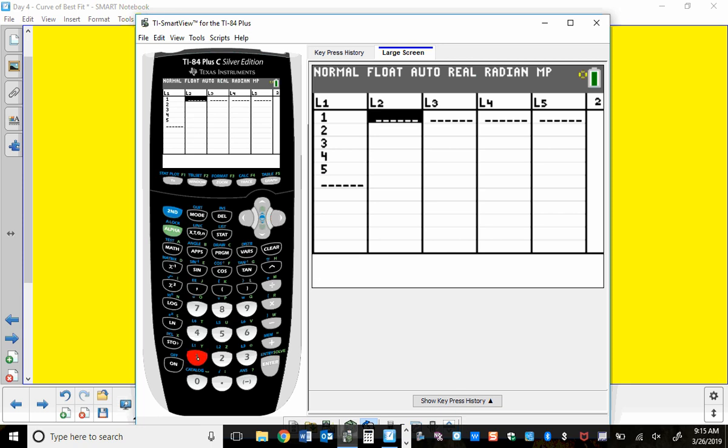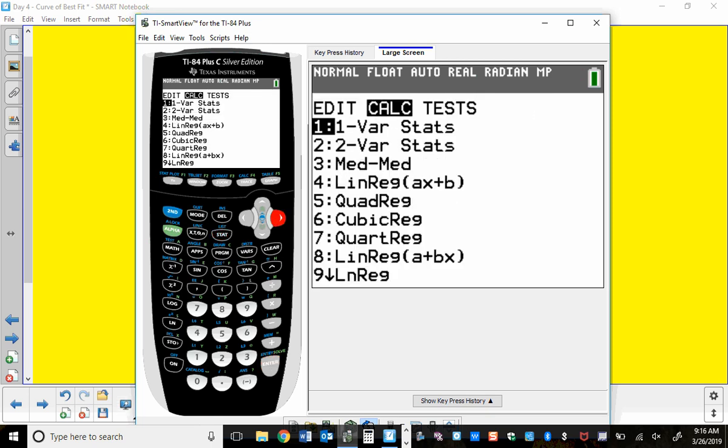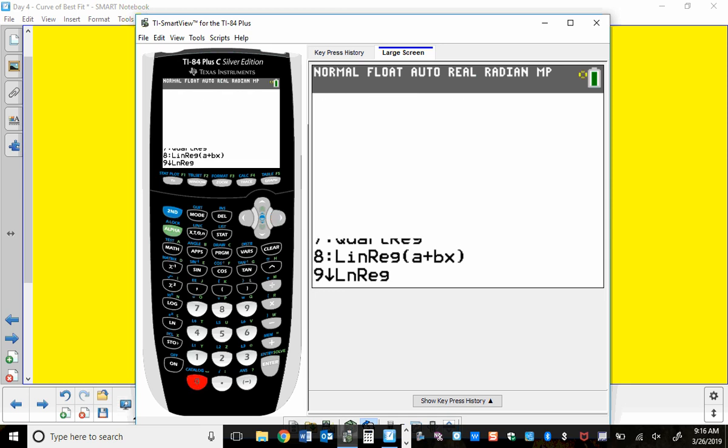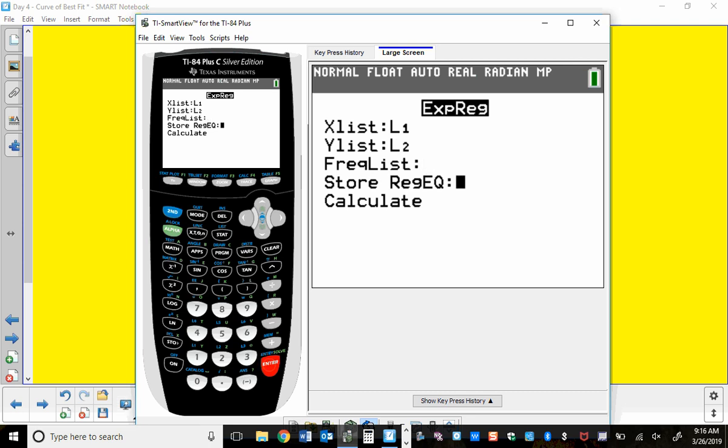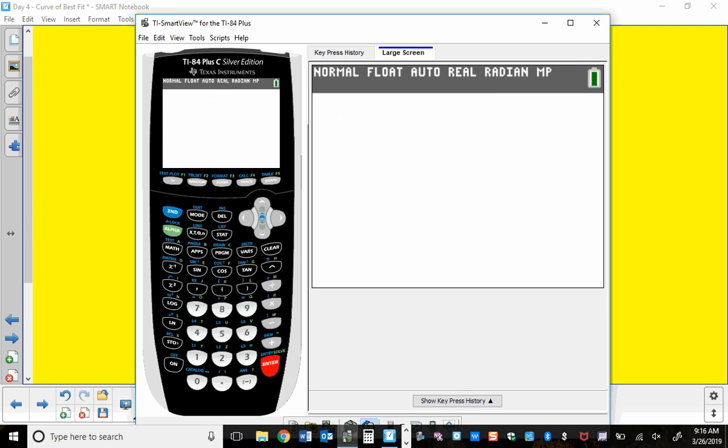And for L2, I have 15, 24, 24, 17, 41, 90, 54, 66, and 75, 01. Okay, make sure your numbers are right, double check them. All right, now let's calculate it. Let's go to stat, over to calc. They already told me that we're checking the exponential regression. Exponential is 0. Let's calculate what we get.